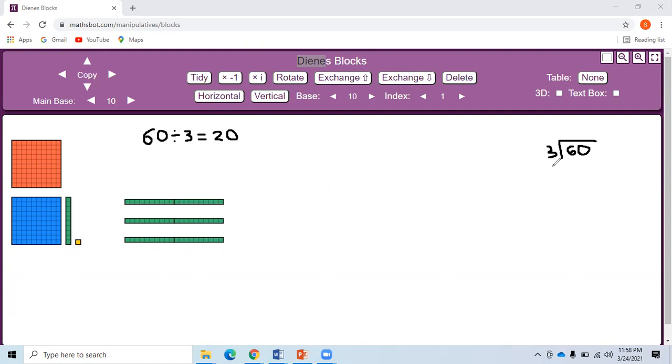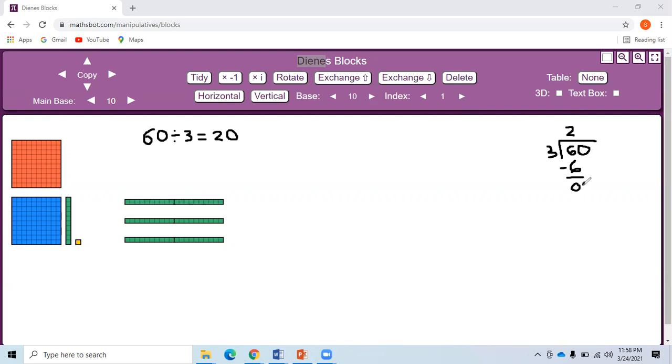Looking at my algorithm, my long division problem, 3 goes into 6 twice. I write the 2 over the 6 in my dividend. 2 times 3 is equal to 6. I subtract and I get 0. But I'm not done yet. I still have a 0 in my dividend in the ones place.